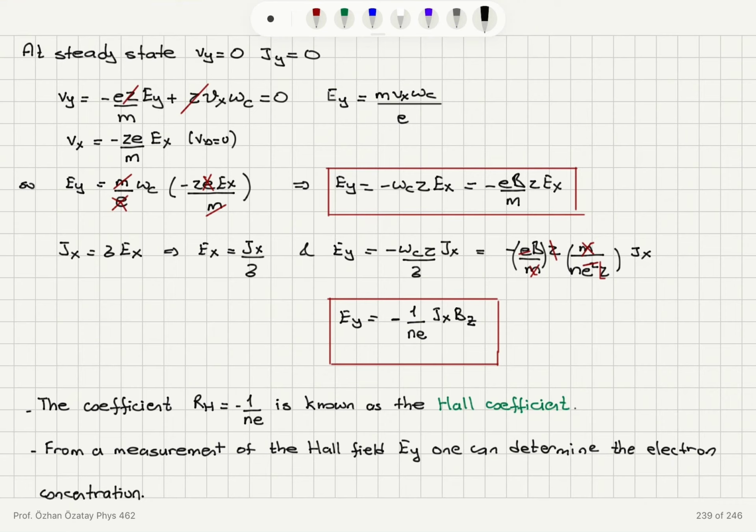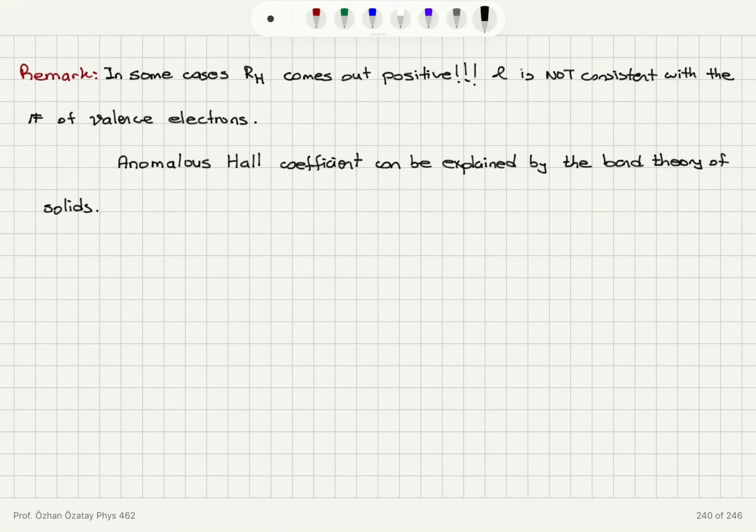We know the current that we're applying, and we know the magnetic field that we apply. We can measure the Hall field by looking at the voltage that develops between the two transverse electrodes of the wire, and we can find out what this Hall coefficient is. In some cases, this Hall coefficient will come out positive and will not be consistent with the number of valence electrons.